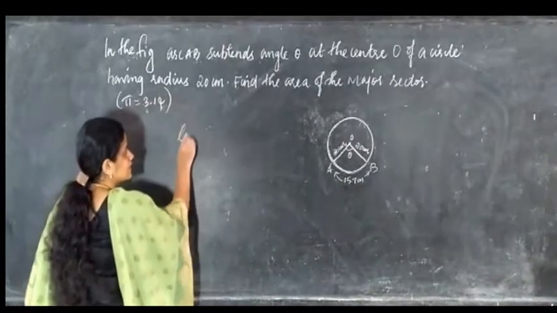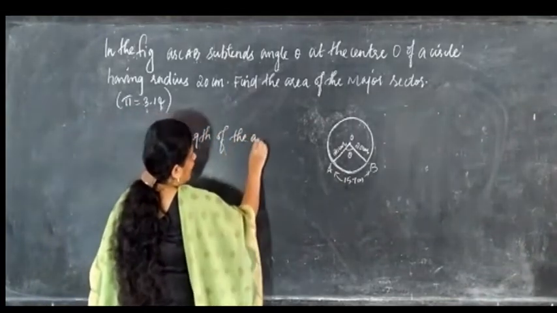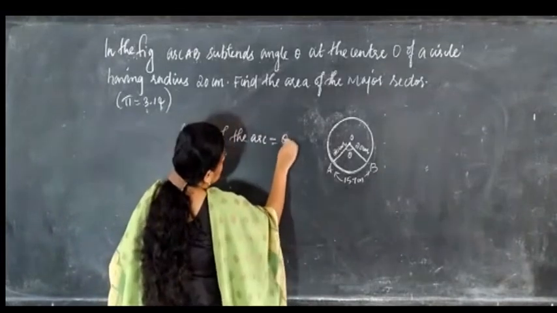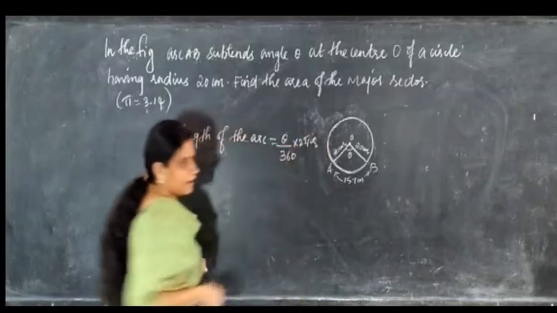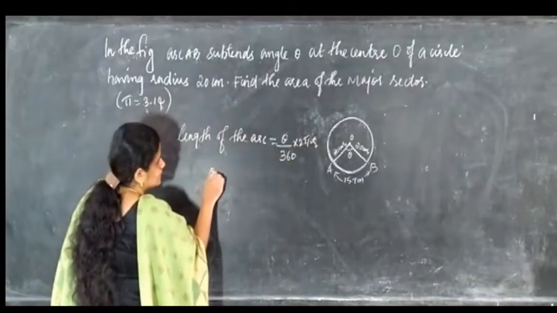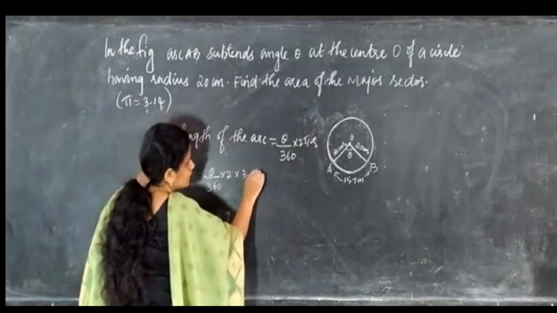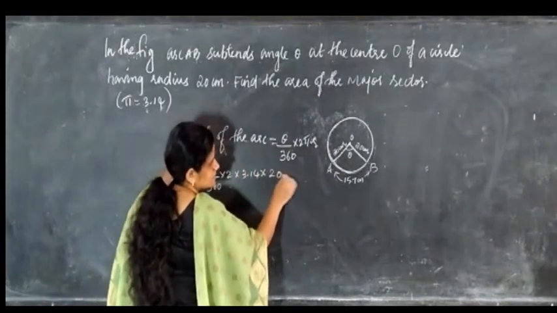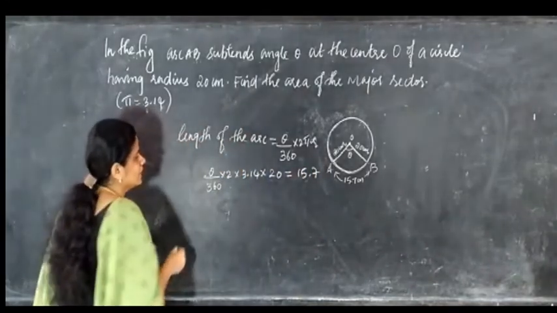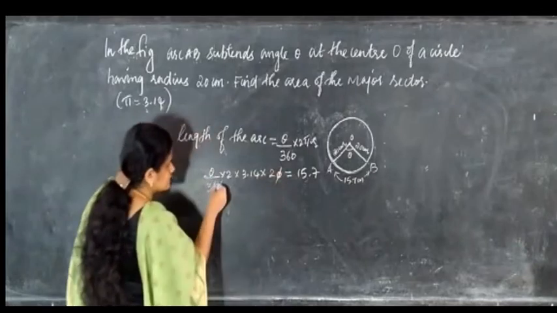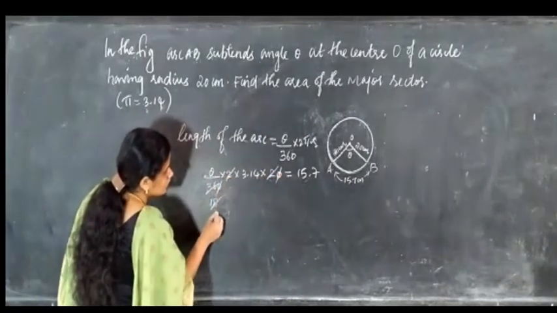Length of the arc is equal to theta by 360 into 2 pi r. That is theta by 360 into 2 into 3.14 into 20 is equal to 15.7. Now here 0 got cancelled. 36 and 2, 18 times, 18 and 2, 9 times.